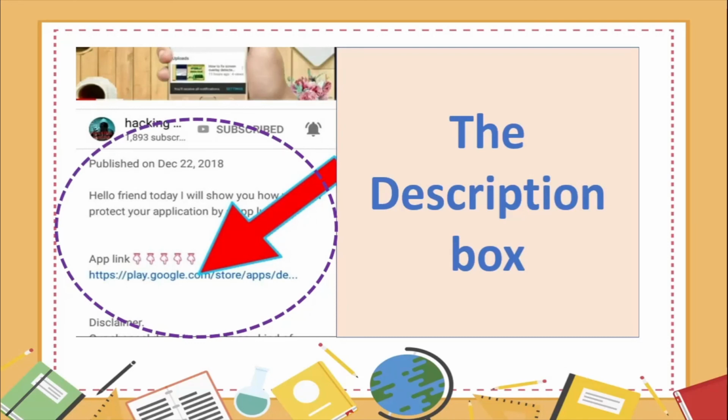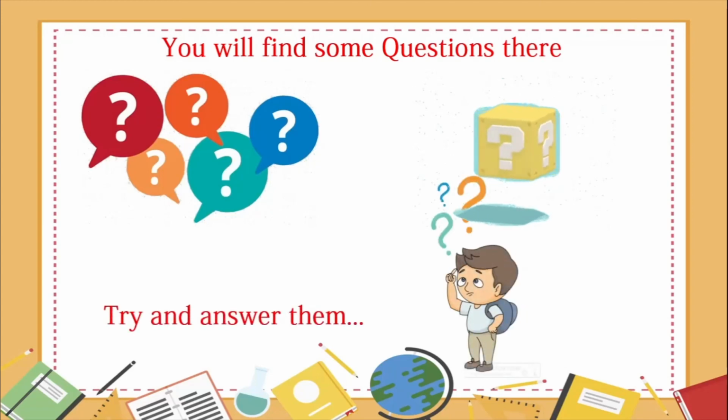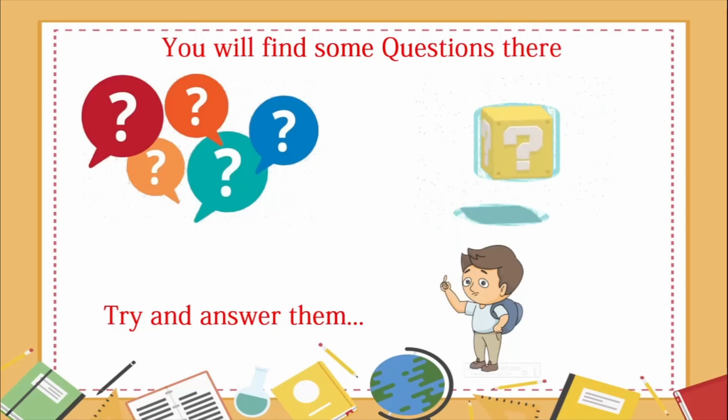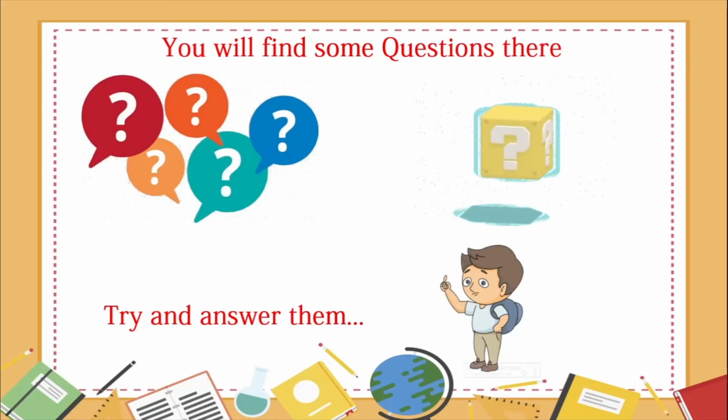Alright, and after you go to the description box, you will see that there are a few questions there. Now what are these questions about? These questions are about the lesson that we just learned or the video that you just watched. So what will you do? You will think back properly about the lesson and you will try and answer these questions and note down the answers in your notebook if you want. Okay?